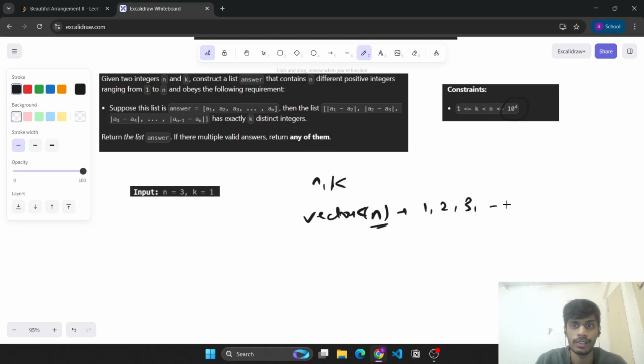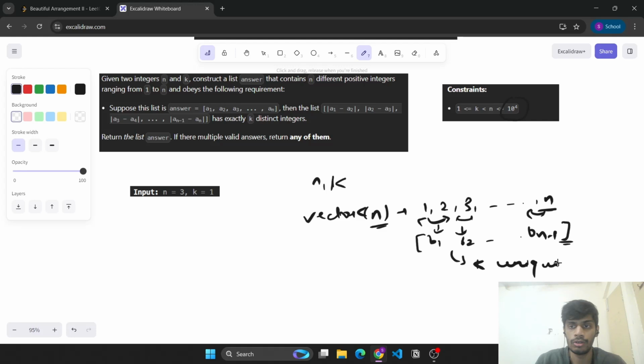It also follows this condition: all the adjacent differences, for example b1, b2, and so on up to bn minus 1, this differences array should have exactly k unique or different integers. We need to return a vector which satisfies this condition, and if there are multiple valid answers, we can return any of them.